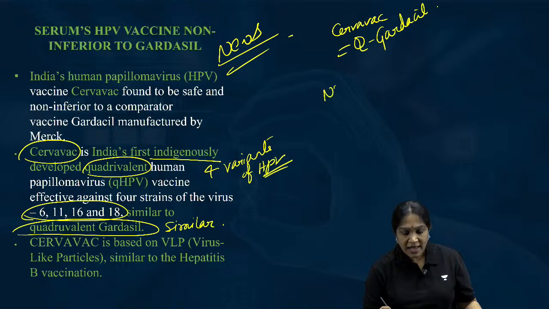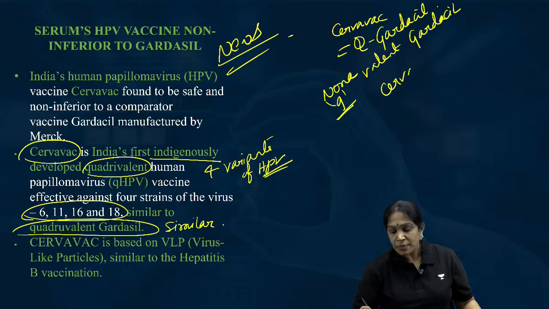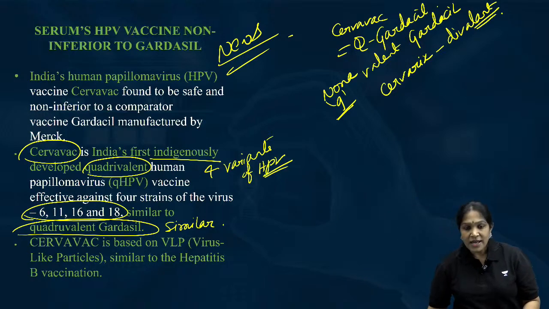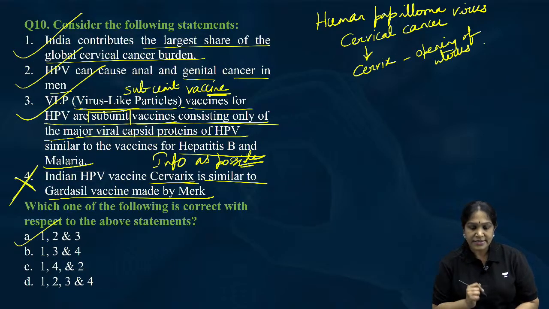But we also have a nonavalent, which means it is suitable for 9 variants. Nonavalent Gardasil. We don't have any comparable one. We also have Cervarix, not Cervavac, Cervarix. That is only divalent. So you cannot compare it with Gardasil. So that is the reason why this is not the right answer.